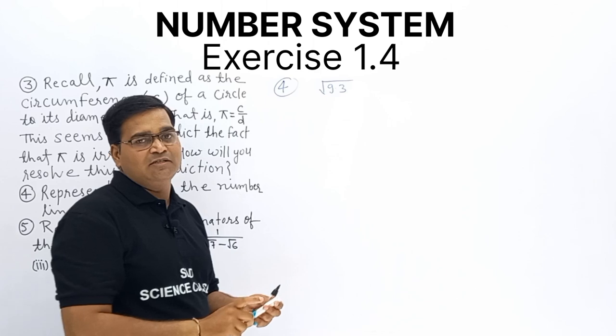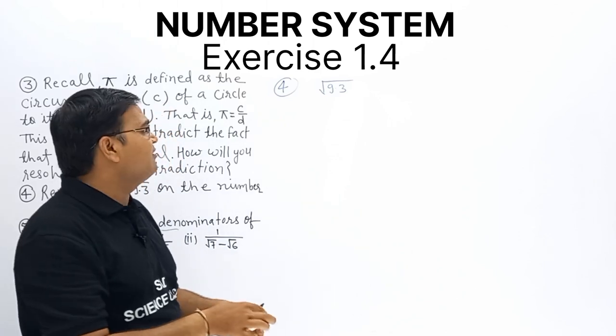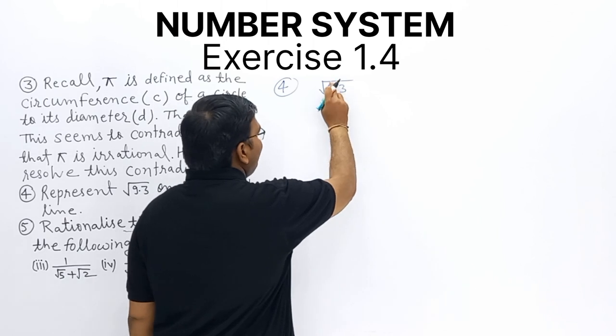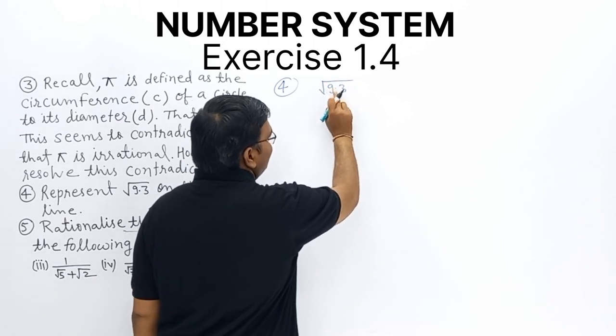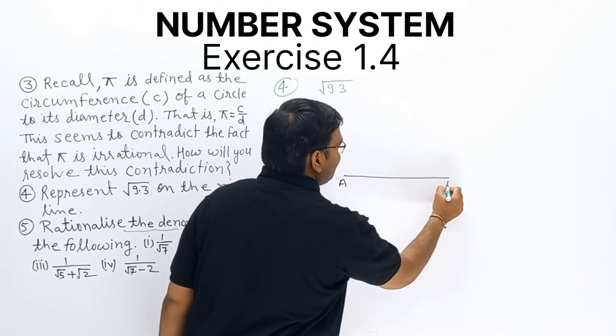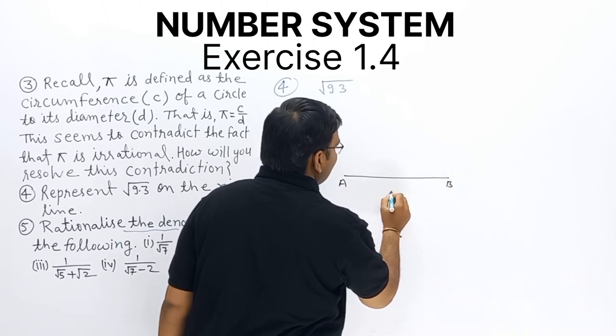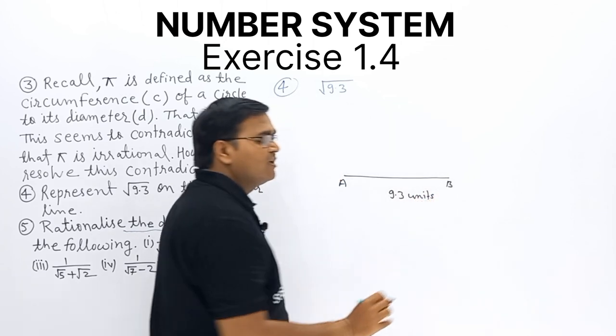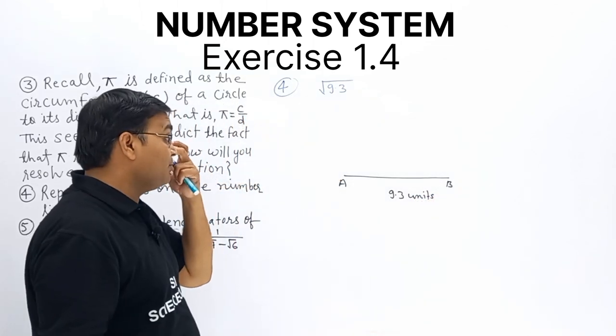To represent these types of numbers on the number line, first we require a baseline. Whatever number is in the root, use it as a base. Take one baseline AB, which is 9.3 units, or we can say 9.3 centimeters, as a base.